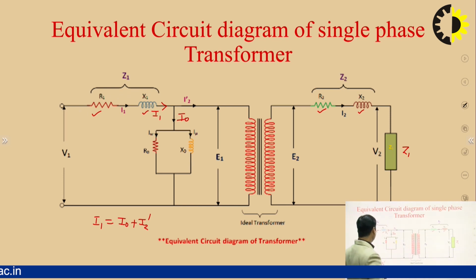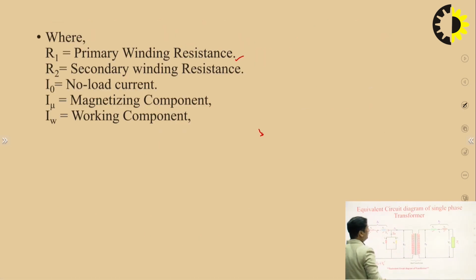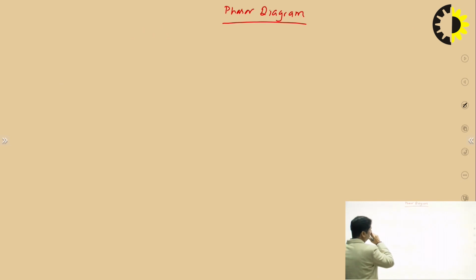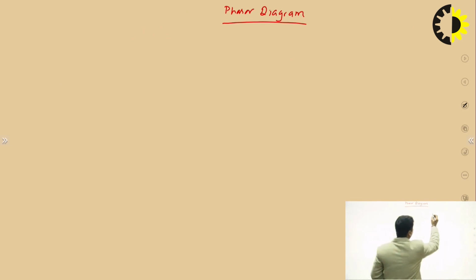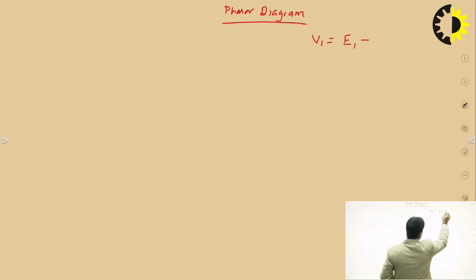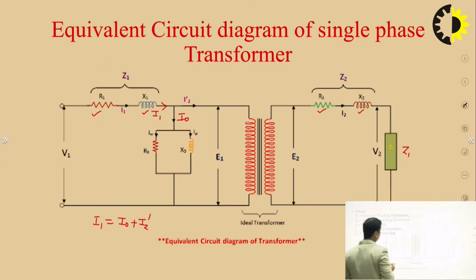If we apply KVL in the primary circuit, we can say that V1 is equal to E1 plus the voltage drop in the resistance and leakage reactance.